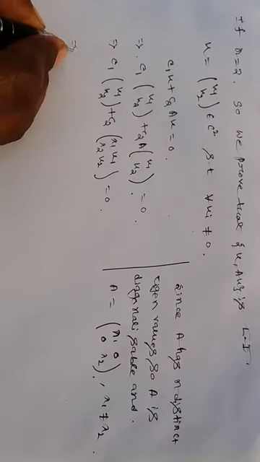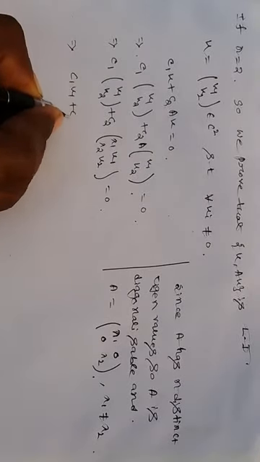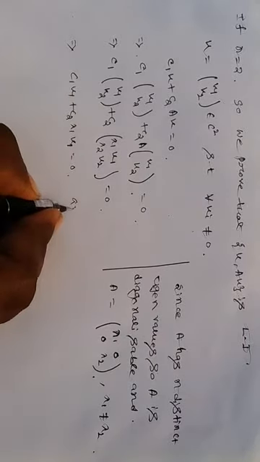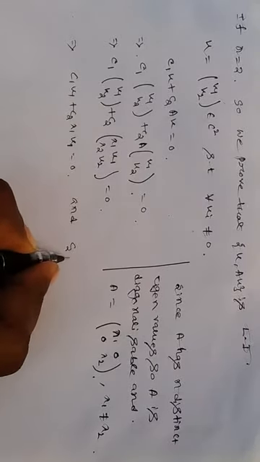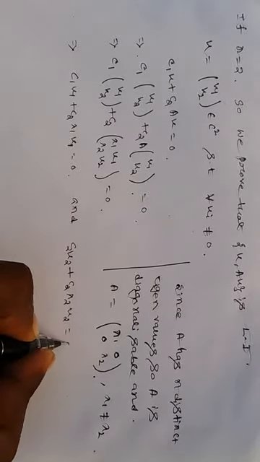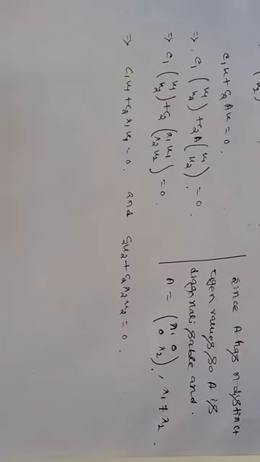and this is 0. This implies C1 u1 plus C2 lambda 1 u1 equals 0, and C1 u2 plus C2 lambda 2 u2 equals 0.